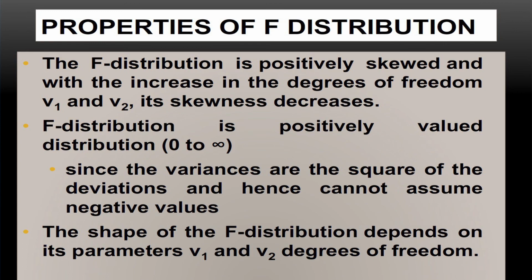3. The shape of F distribution depends on its parameters V1 and V2. Here V1 is the degrees of freedom of the numerator and V2 is the degrees of freedom of the denominator. 4.